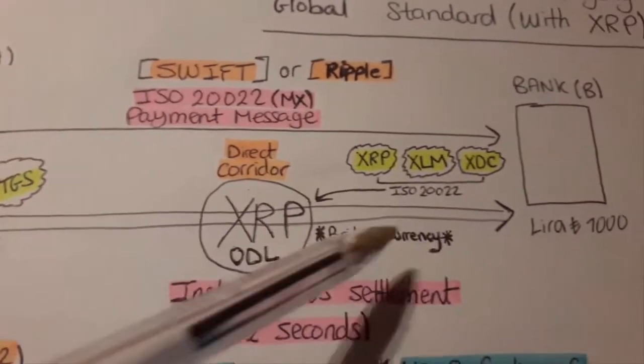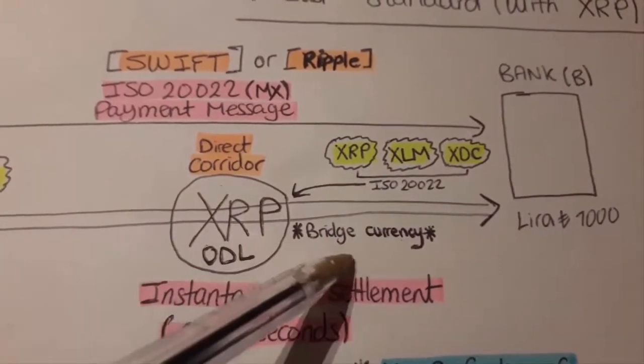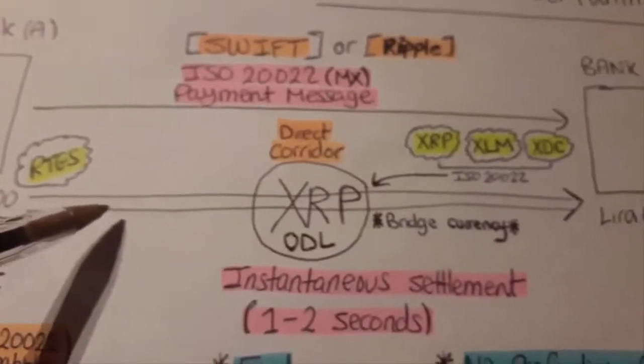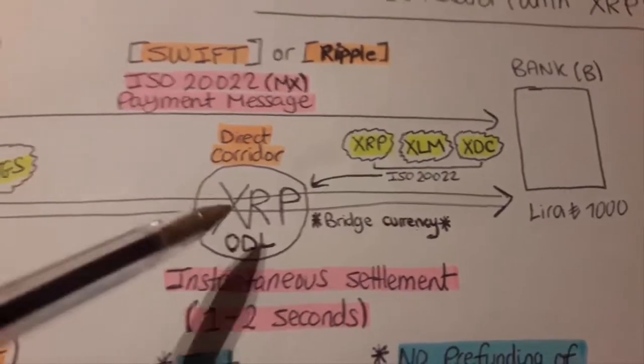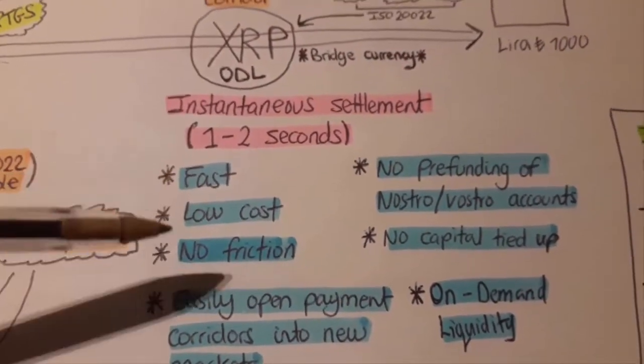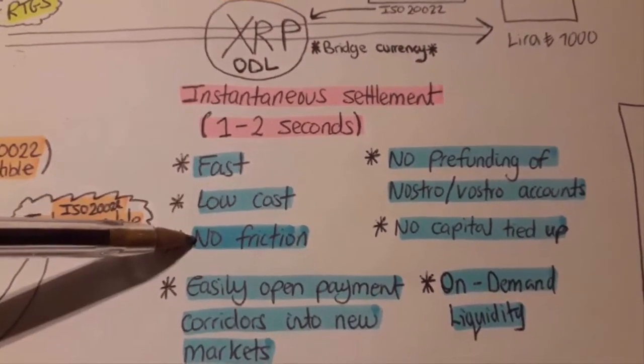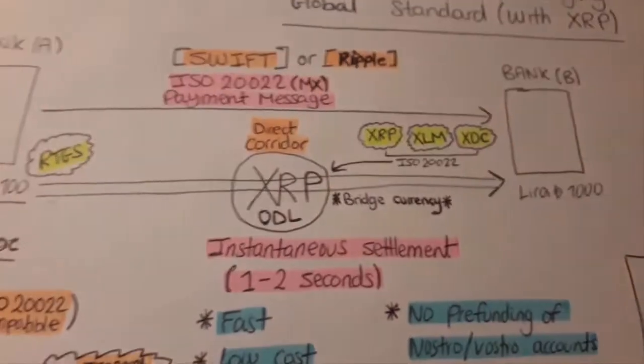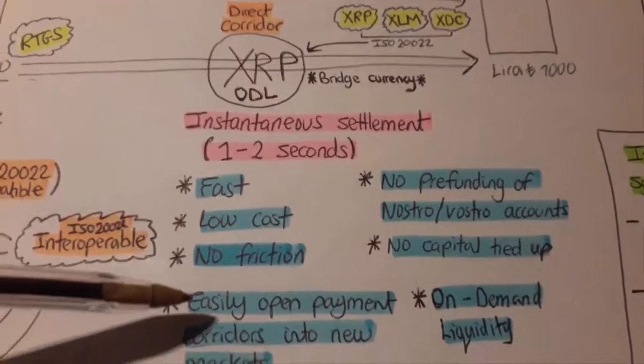And it's a direct corridor using XRP as a bridge asset, and this is the value proposition for XRP in cross-border payments: one, it's fast, it's low cost, there's no friction because there are no long chains, no correspondent banks, no middlemen. It cuts all that out.